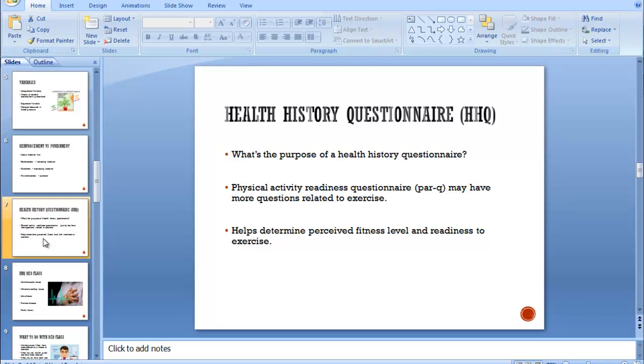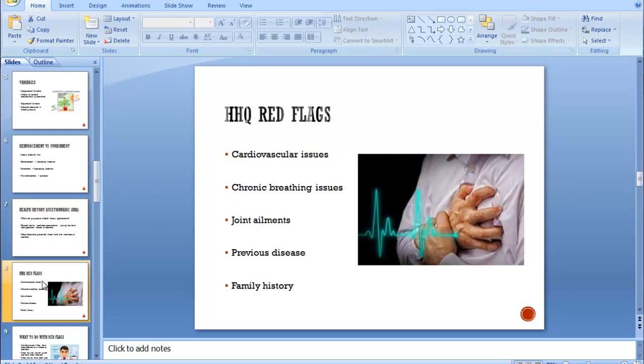But we have to go through this health history questionnaire to make sure they don't have any pre-existing problems. So red flags, we worry about cardiovascular issues, chronic breathing issues, joint ailments, any kind of previous disease, family history. All of those are red flags. If we see those and they have not been cleared to exercise by a doctor, then we're going to make sure that they go see a doctor before they work out.